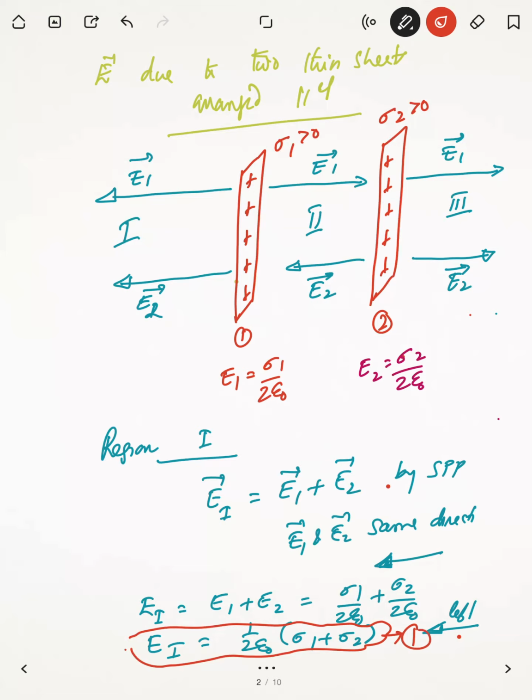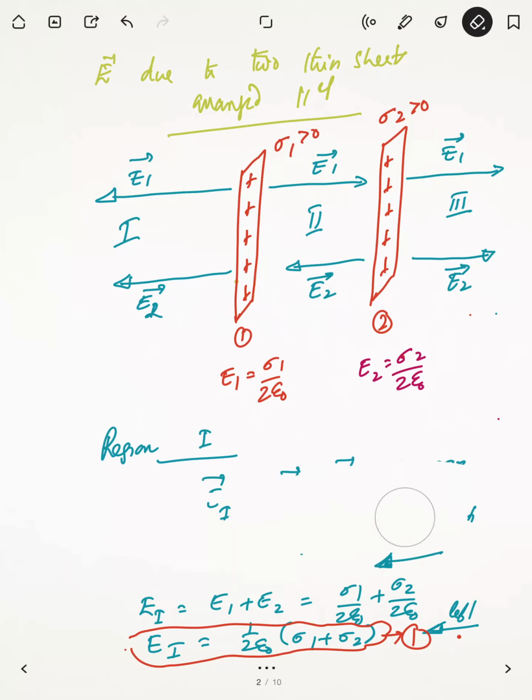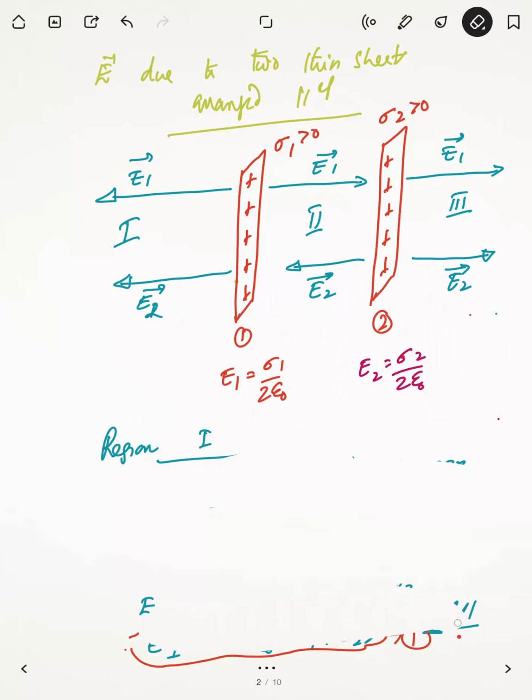Okay, now we are going for electric field in the second region. Look at the second region. E1 and E2 are opposite. So on the same page I am writing here. So equation number 1 you have to remember.